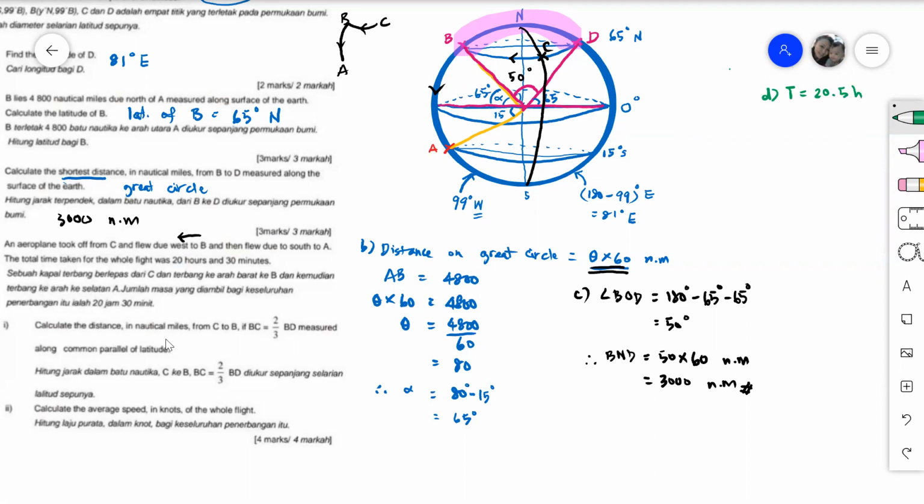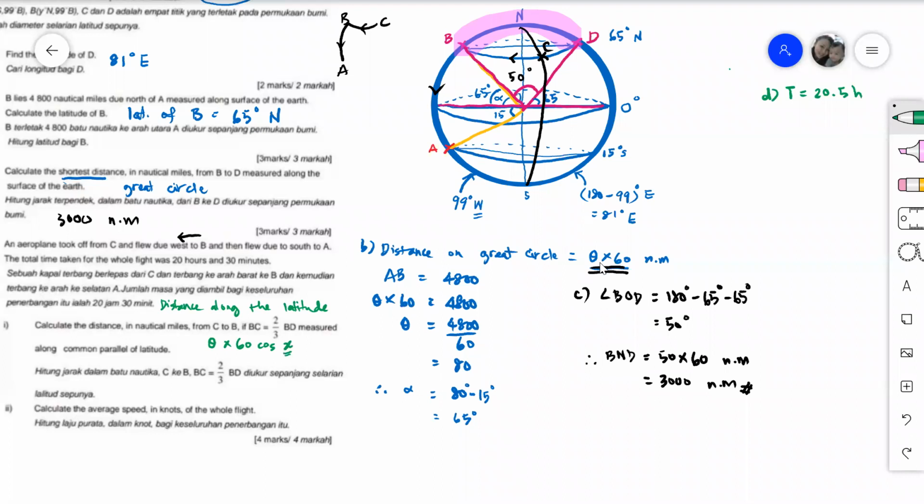And then it says, calculate the distance in nautical miles from C to B. So we need to find from C to B the distance along the latitude. If the distance along the great circle is theta times 60 nautical miles, the other formula, the distance along the latitude, will be theta times 60 multiplied by the factor cos x.